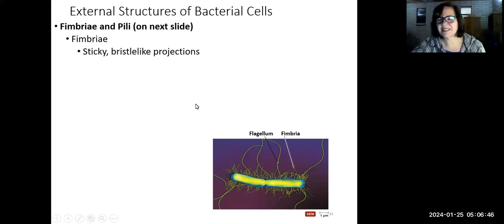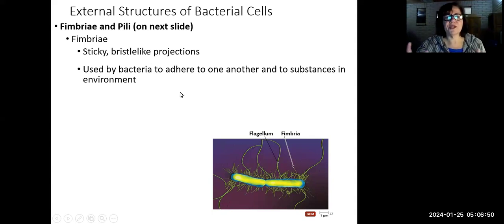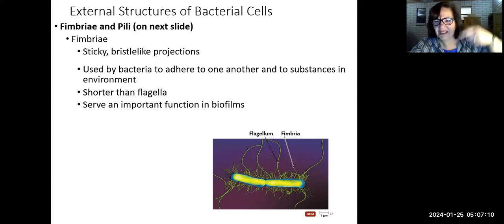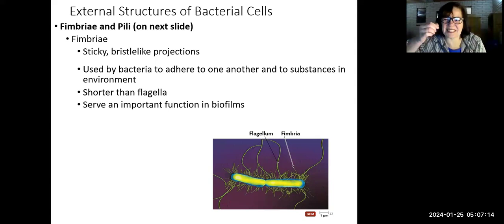They're sticky, multiple bristle-like projections, and they're used to hold on to a surface or to each other. Their function is important in these so-called biofilms, like I was describing on the teeth, or on the inside of your water bottle, if it ever goes for a while without washing. If it's kind of slimy, that's that stuff.